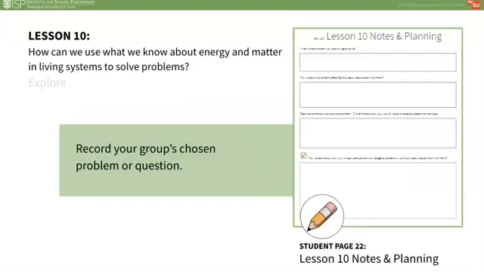Students can record their chosen problem or question on student page 22. This should be used to generate group research topic ideas and begin the planning process to conduct their research.